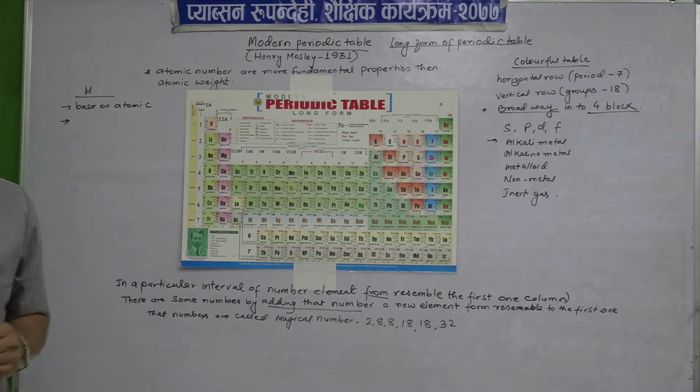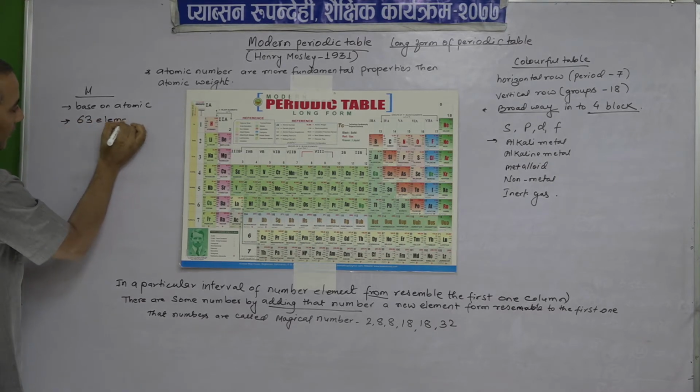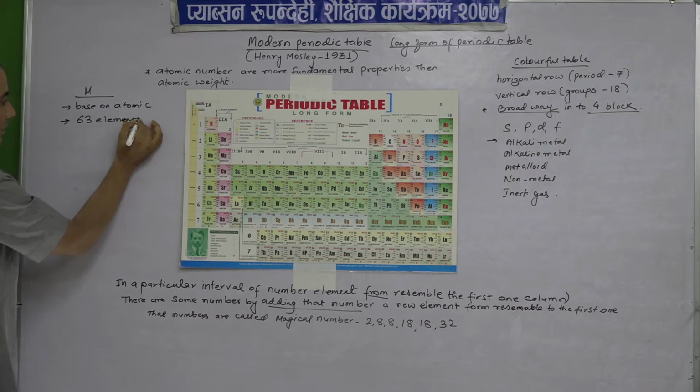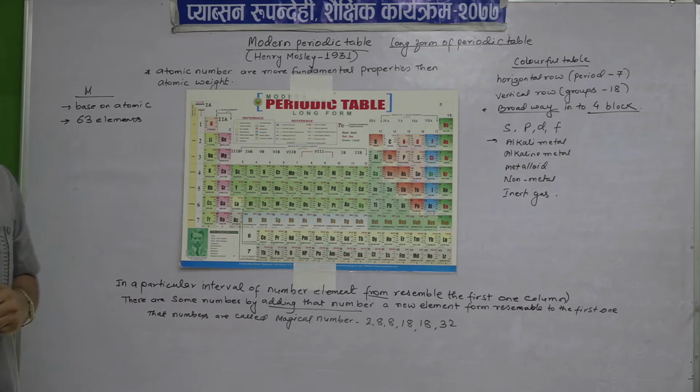There were 63 elements discovered. Now, in the modern periodic table we have 118 elements. Then, what are the other features of the Mendeleev periodic table?